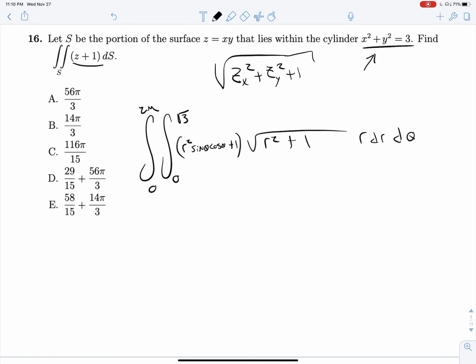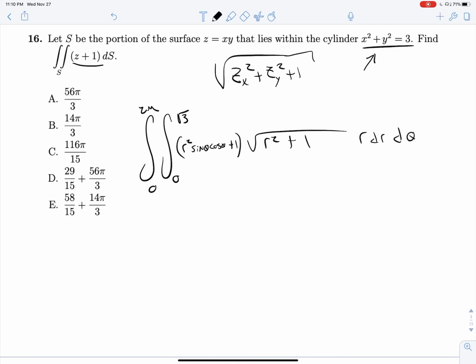But as you'll see, in the end, it's actually not too bad. Let's split this up into two integrals. If we distribute this thing out, we're going to end up with r squared sine theta cosine theta, multiply by this, multiply by r, and we'll also end up with 1 times this times r.